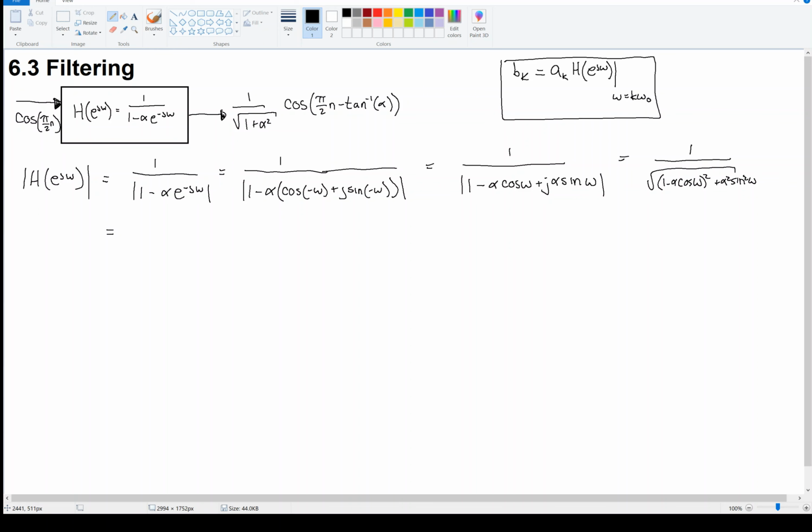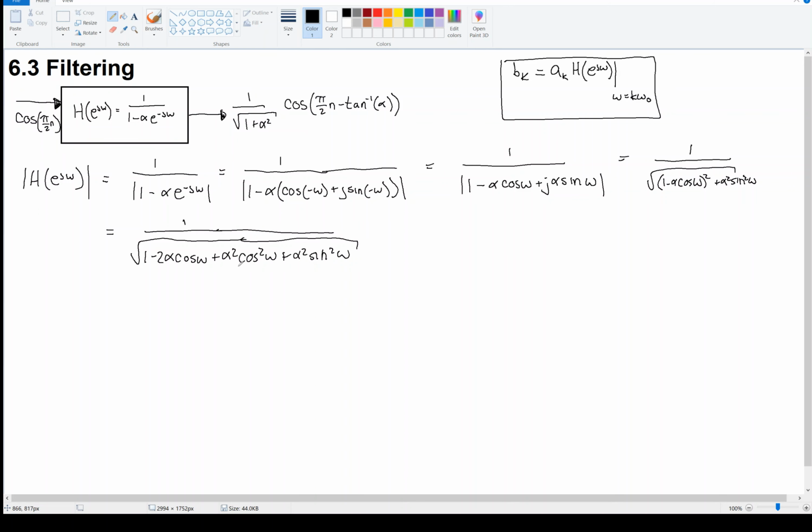All right, so now if I FOIL that cosine term, I have 1 minus 2 alpha cosine of omega plus alpha squared cosine squared omega plus alpha squared sine squared omega.